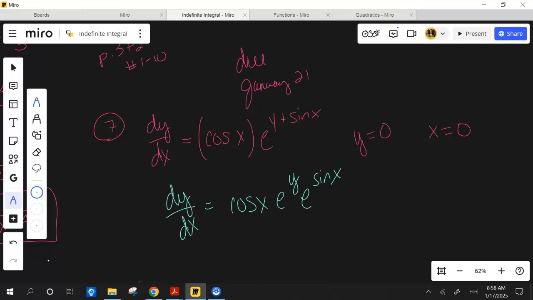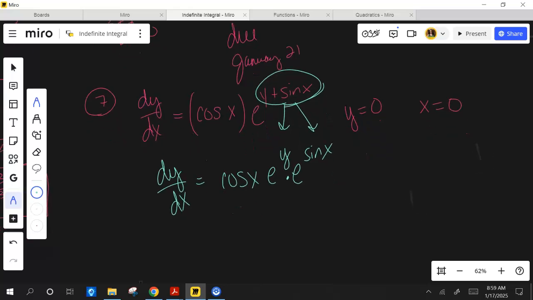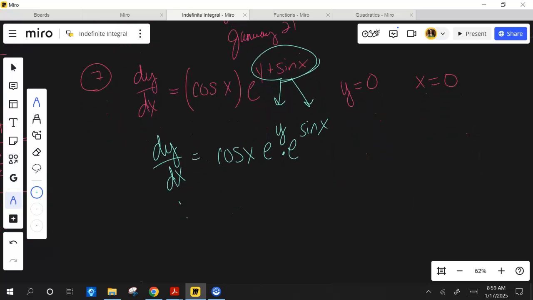When you rewind back to algebra 1, then algebra 2, those properties of exponents: if you're multiplying with the same base, what do you do with the exponents? You add them. All I'm doing is the backwards of that property here because I need to get the x and the y separated. So I'm going to multiply by dx on both sides so that I have dy equals cosine x e to the y sine x.